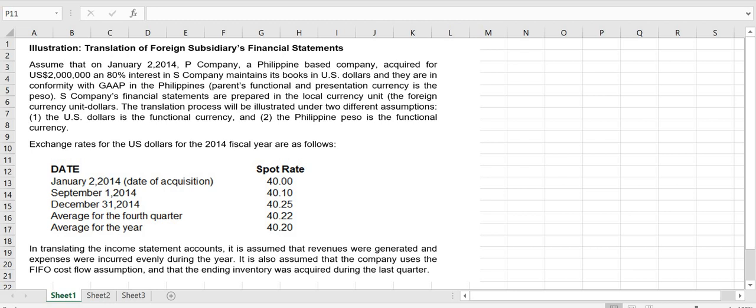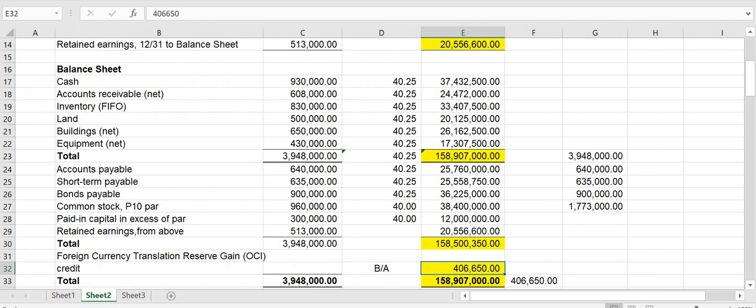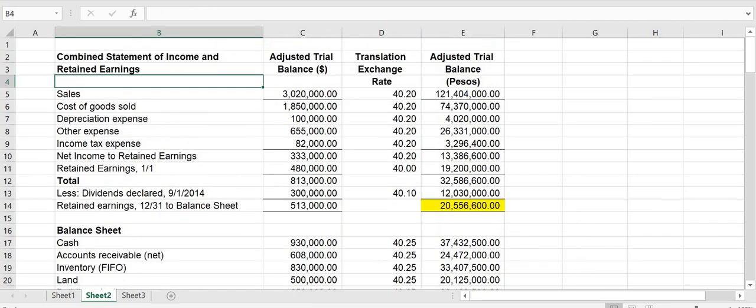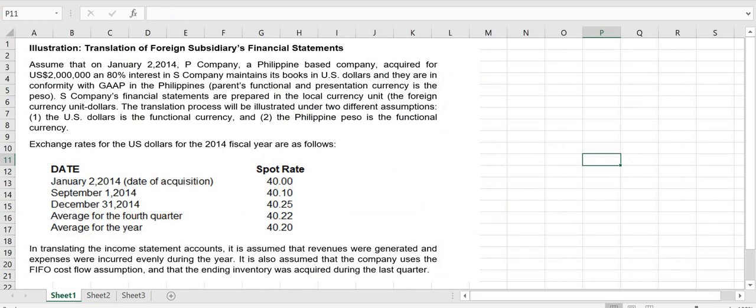First, we'll translate our income accounts. All income accounts are translated with the same rate, which is the average for the year, 40.2.